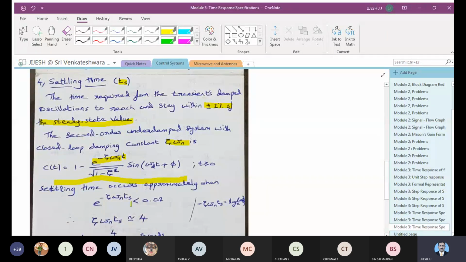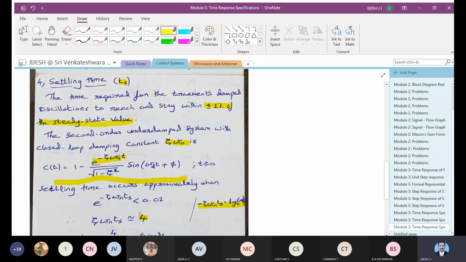And then I have done the simplification for that. Take the logarithm of that, so it is minus zeta omega n ts is equal to log of 0.02 to the base e. So log of 0.02 is approximately minus 4, so we get zeta omega n ts is approximately equal to 4.